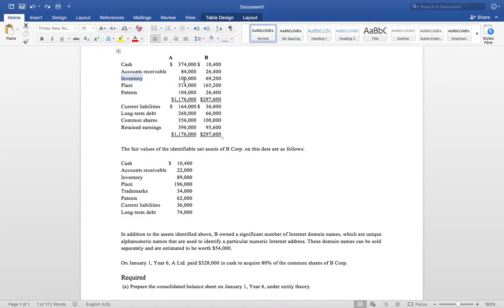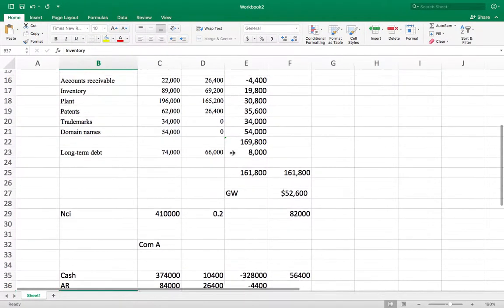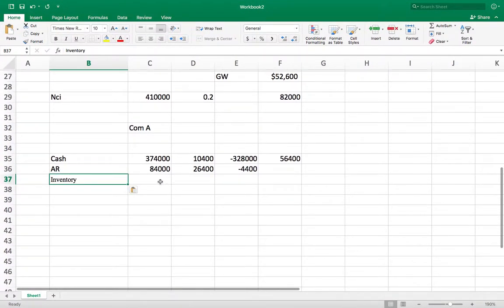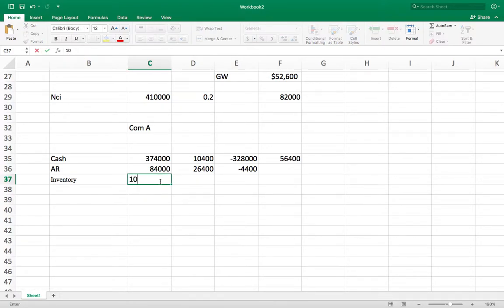So put this 100,000, 69,200, and the difference between these two was 19,800.